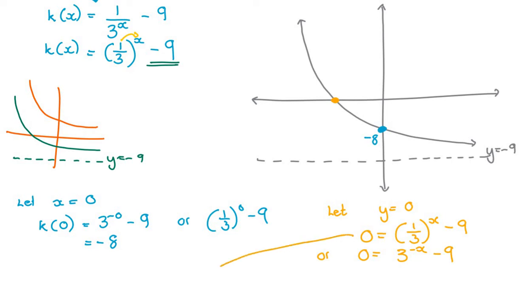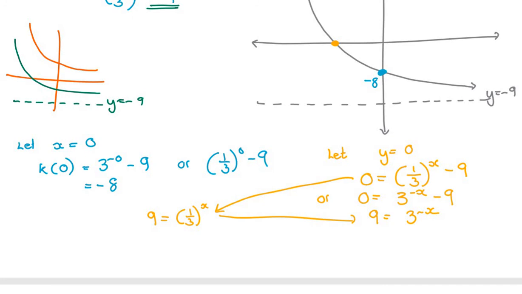If I did this, I would now say that 9 equals 1/3 to the power of x, and then you'd want to bring the base to the top and make the exponent negative. So it actually might have helped to work with the original function here. Now hopefully you can see that 9 is 3 squared, and when you have the same base on both sides, your exponent is the same on both sides. So I'll end up getting x is -2, which does seem plausible because it's in the negative region.